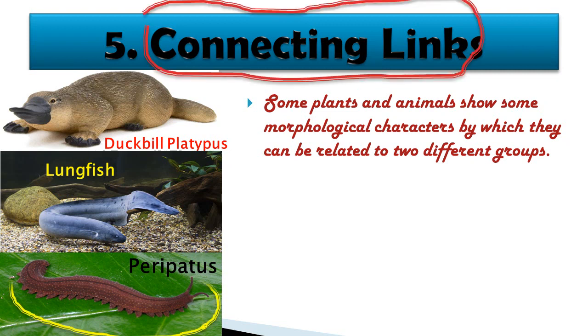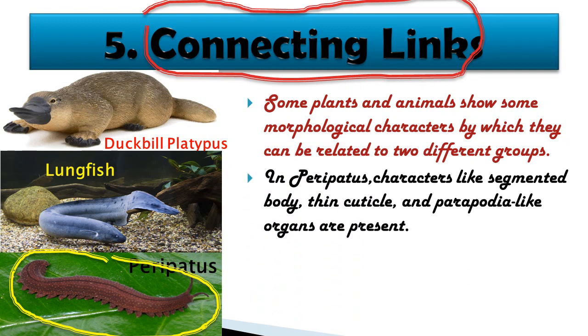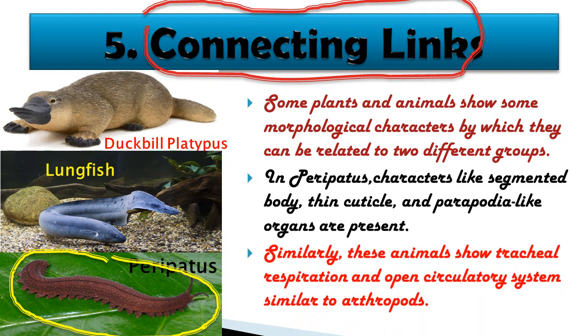Okay, and here we have examples. In peripatus, there are characters like a segmented body. So you can observe the segments, like an earthworm. It has a segmented body, a thin cuticle, that means an outer thin layer of the body, and parapodia-like organs are present. Parapodia means you can observe short, small projections below the body of the peripatus. Similarly, these animals show tracheal respiration and an open circulatory system, similar to arthropods.